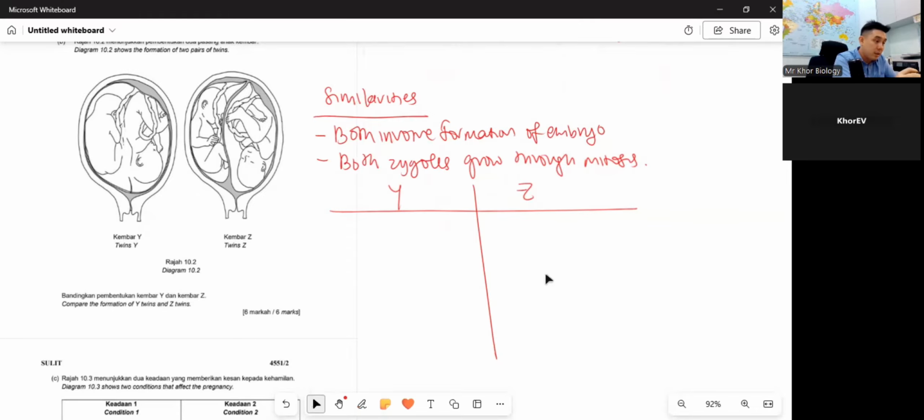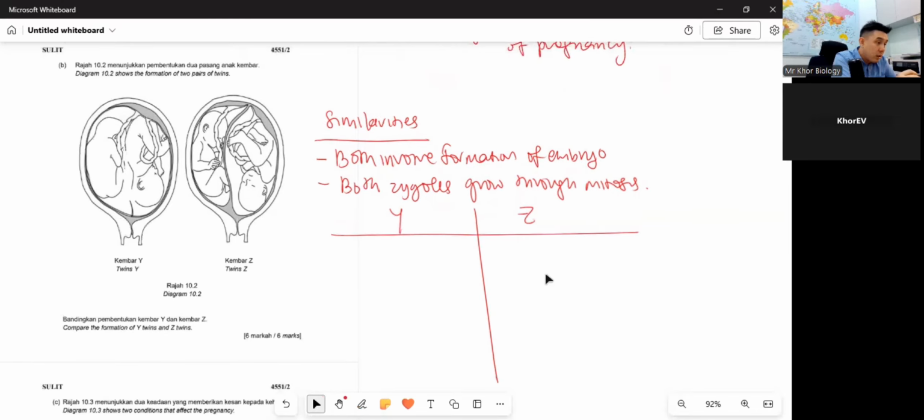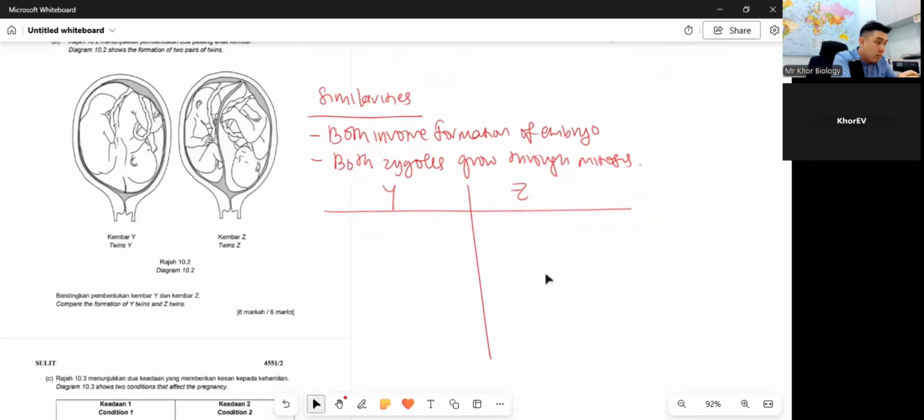Twins Y is considered identical twins. Z is fraternal twins.